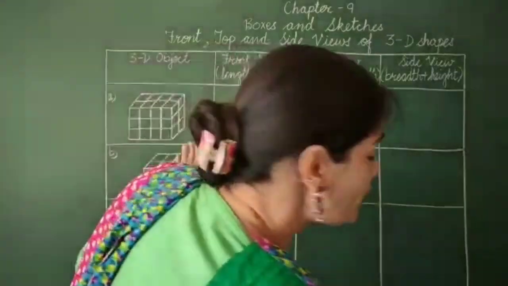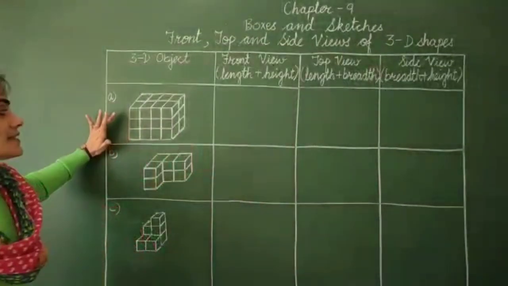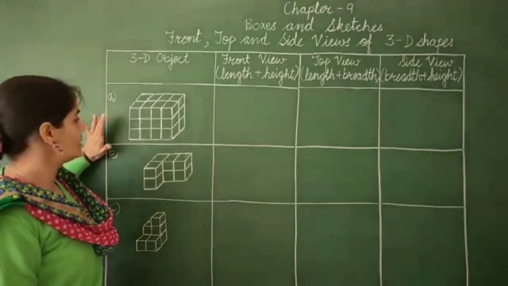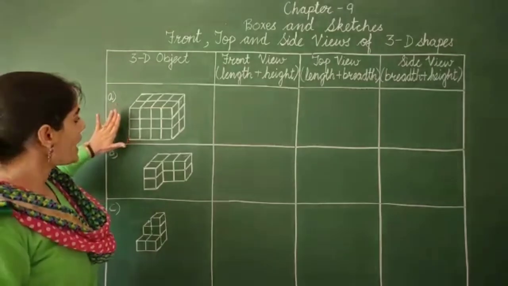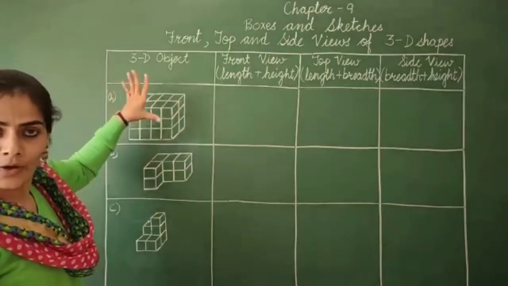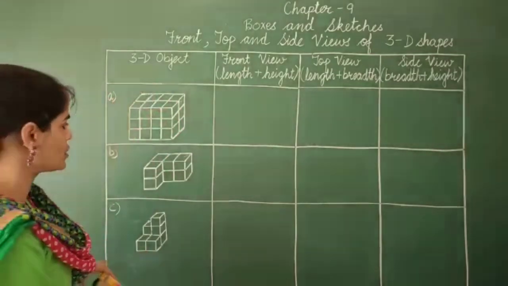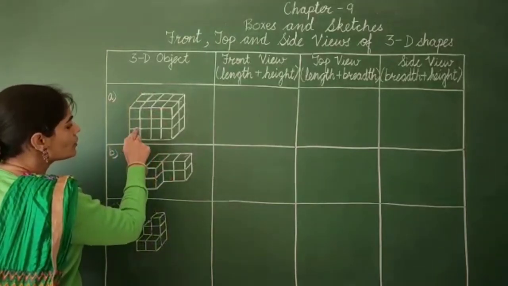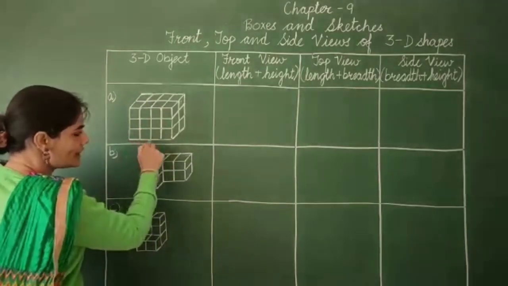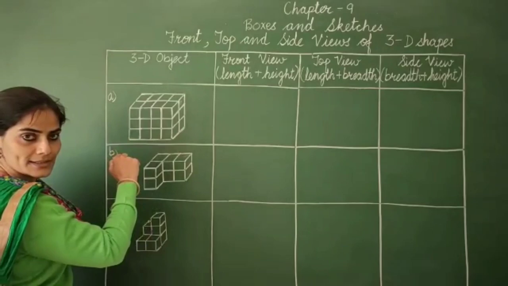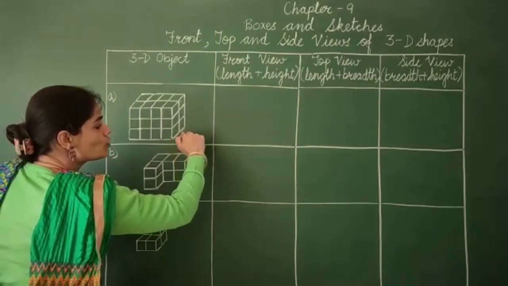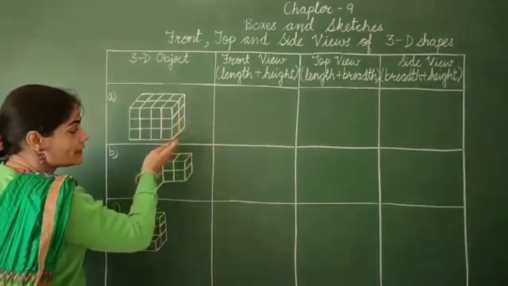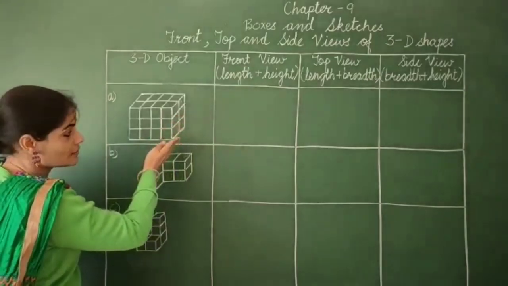Now, just have a look at the first solid figure. This is the solid figure. And what are you able to make out on the basis of your observation? That there are 4 boxes in a sleeping line like this. Then there are 2 boxes at its width.